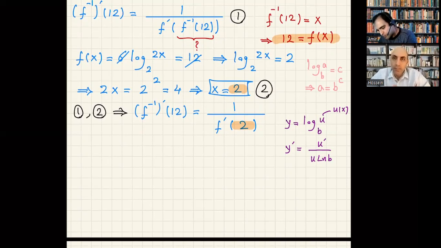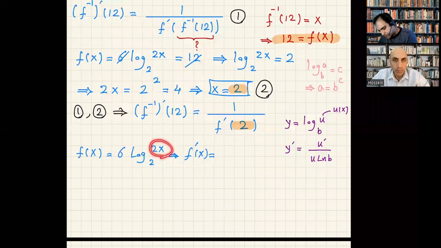So f of x was 6 log of 2x on base 2. Then f prime of x is equal to, okay, here is u, so it's going to be 6 u prime.